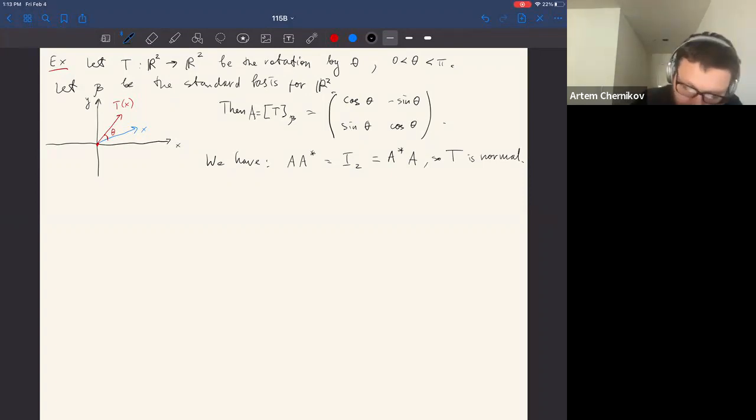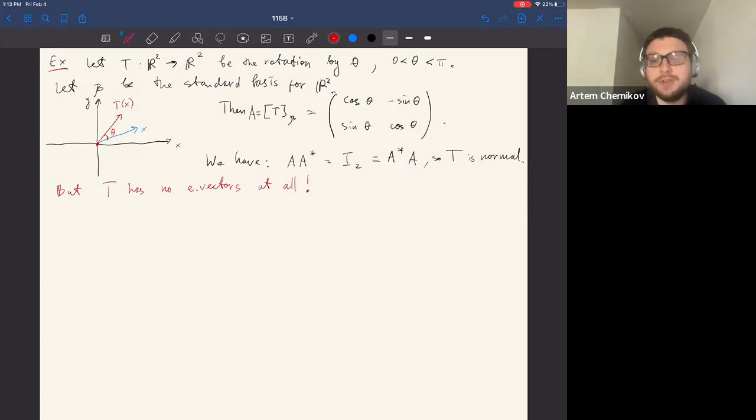But very importantly, T has no eigenvectors at all. How do we know this? Let's think about it. It rotates by an angle theta, which means in particular that every non-zero vector x gets rotated when you apply T to it.